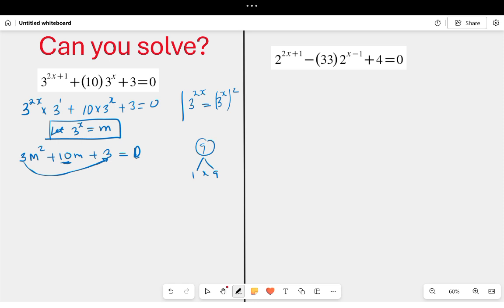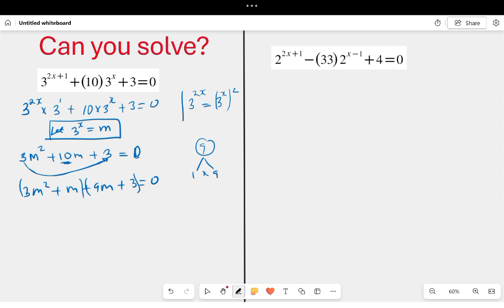Therefore, rewriting the quadratic equation again, we get 3m squared plus m plus 9m plus 3 is equal to 0. Then we are going to factorize this.